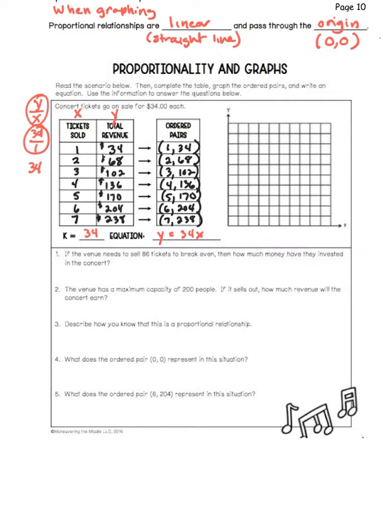And to continue making the graph now, we want to go back and look at what our X values were talking about. And they were talking about the number of tickets sold. And again, it's small, but this is our X, the horizontal movement. And our Y is talking about the total revenue.